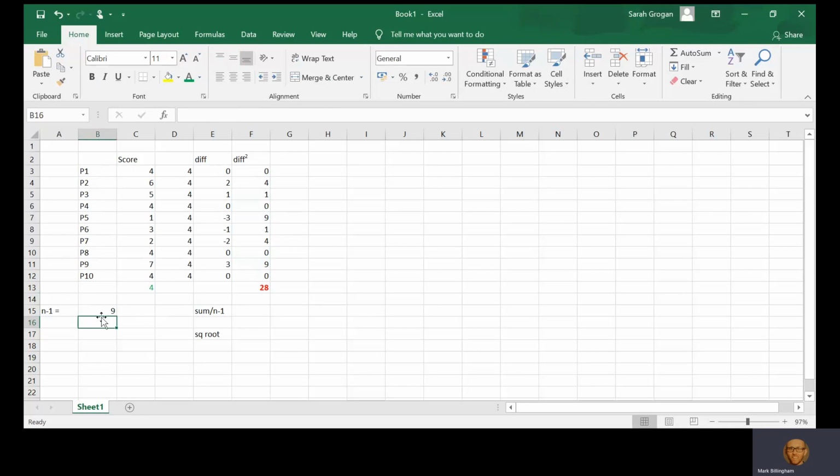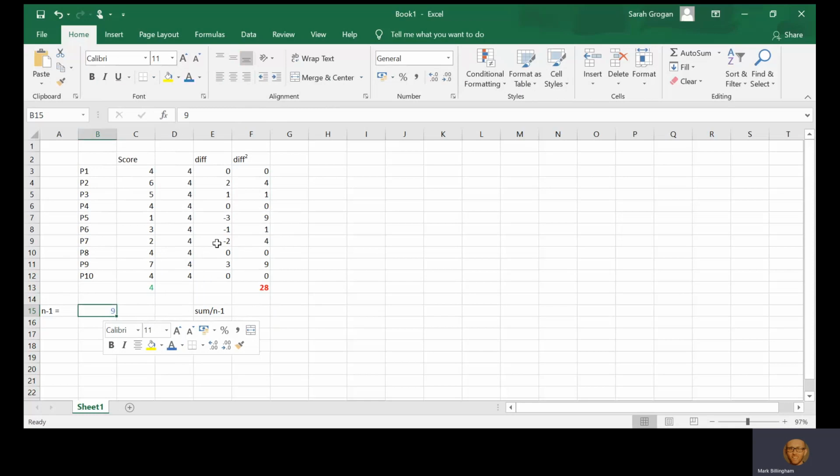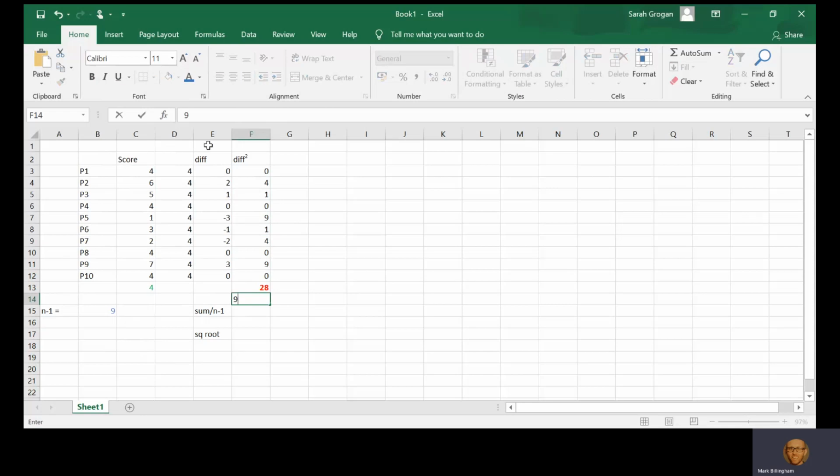And then the next thing we do is we take that 9, just give me that different color. Okay, and we divide the sum of the differences, 28, by 9, and that's the next stage of our calculation.